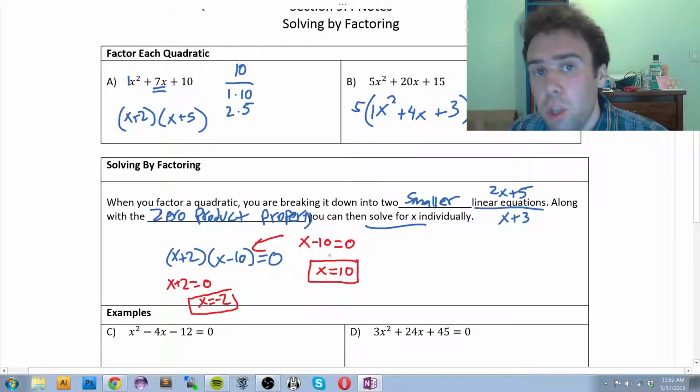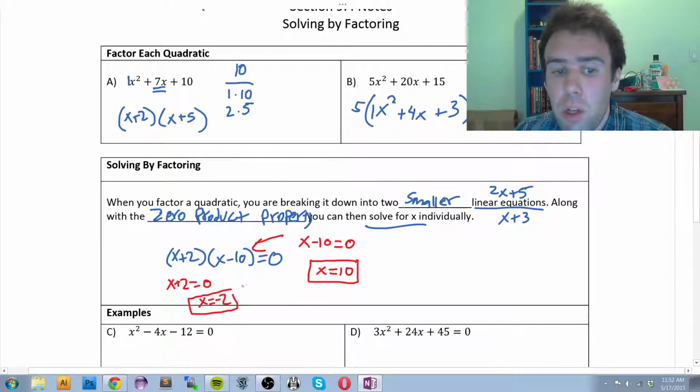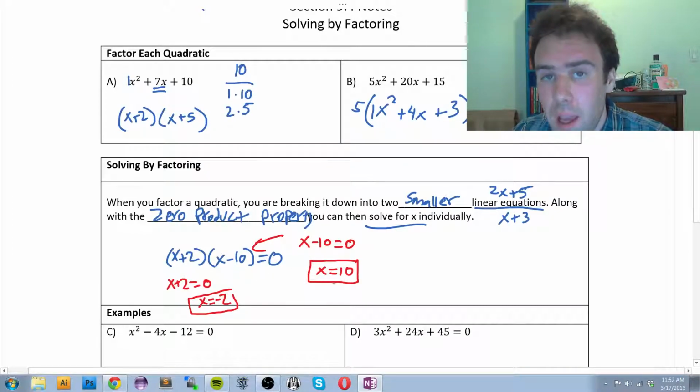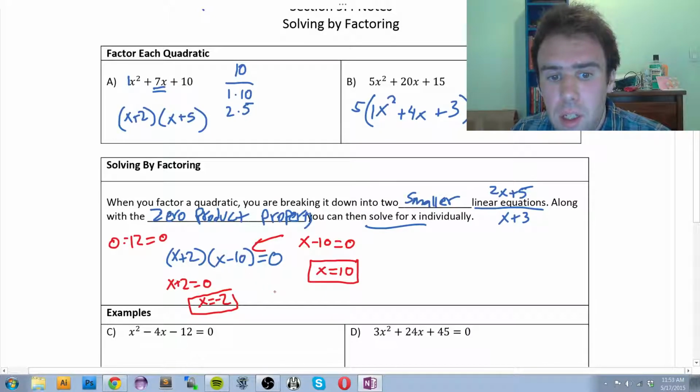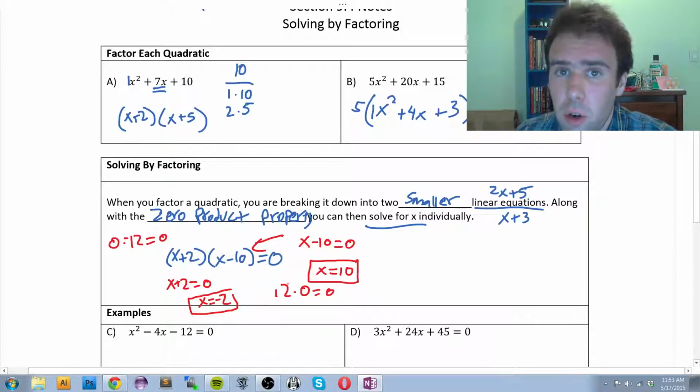So the solution to this already factored equation would be both negative 2 and positive 10, because by plugging them in, the first time I would get 0 times, not 10, 0 times negative 12, which would be 0. And if I plugged in 10, I would get 12 times 0, which is also 0. So there you have it. That's the zero product property in action. It allows us to take each separate factor and solve them separately.